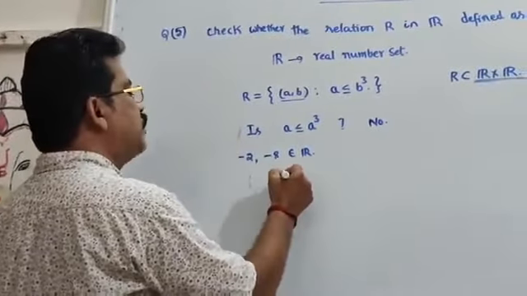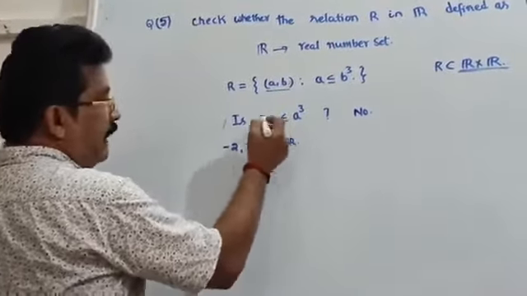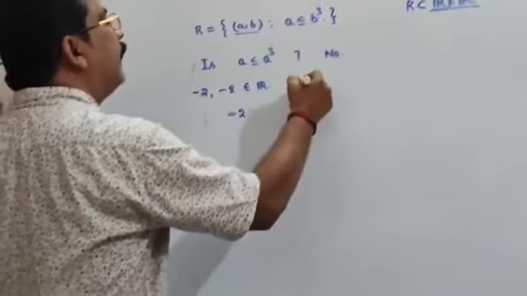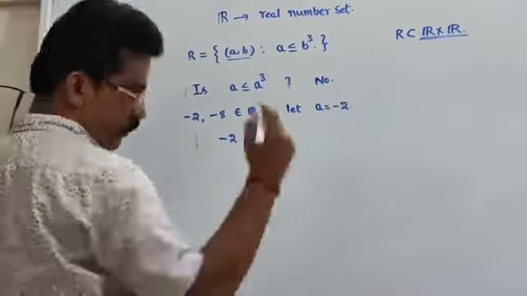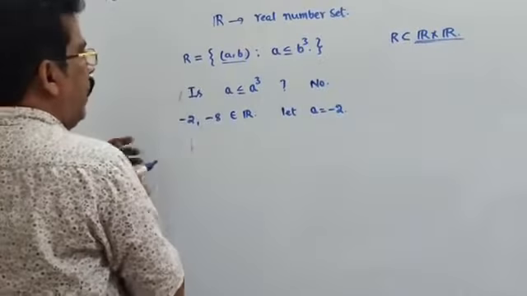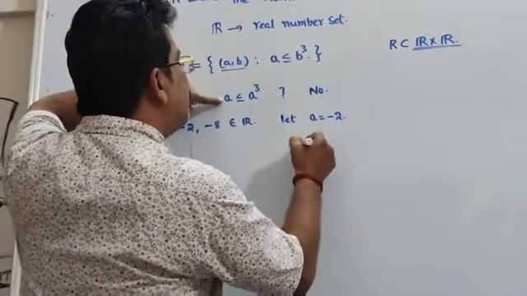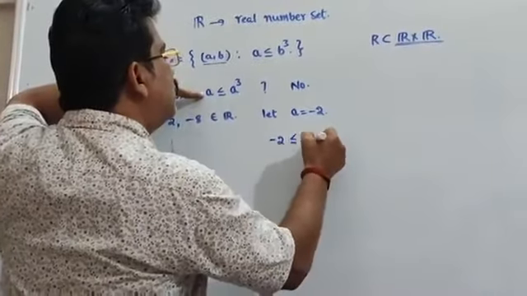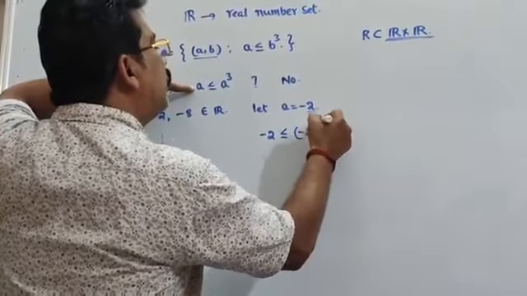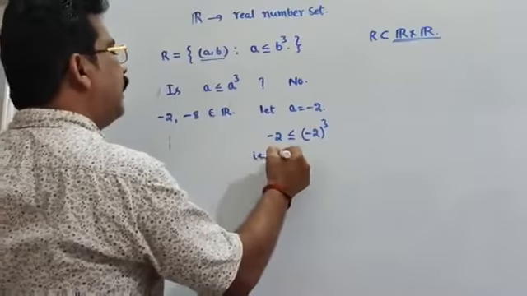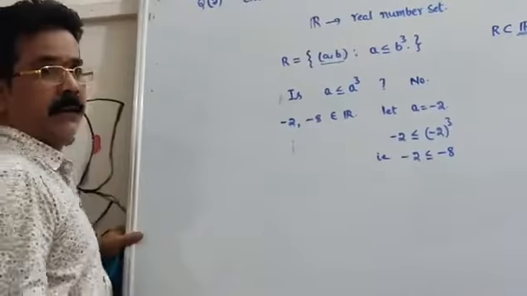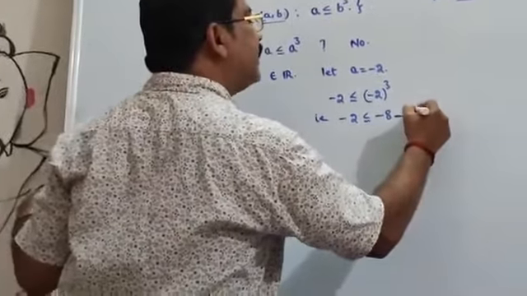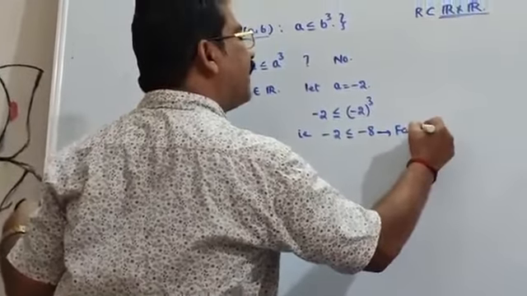Let us take A equal to -2. According to this, -2 is less than or equal to (-2) cubed, that is, -2 is less than or equal to -8. But it is false.